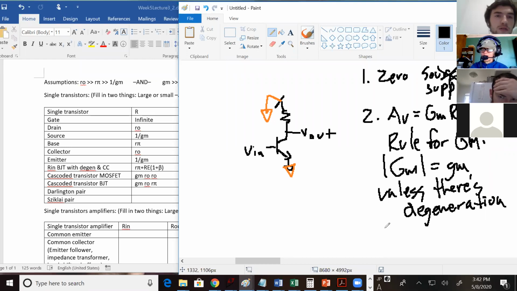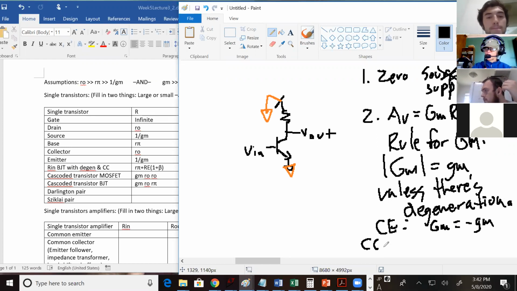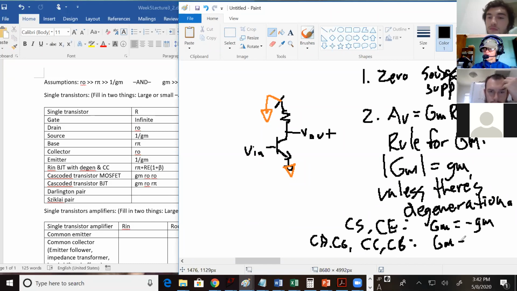It's inverting. So if it's a common emitter, it's the only one where this happens because common collectors and common bases are non-inverting. For a common emitter, big GM equals negative little gm. Okay. But for a common collector or common base, or I should say common source or common emitter, you should add common gate, you should add common drain, then big GM just equals little gm with no minus sign. Okay. Thank you.